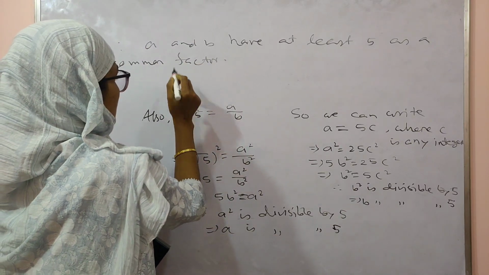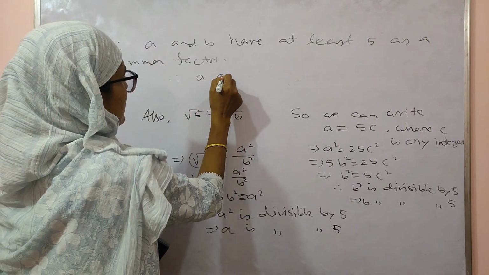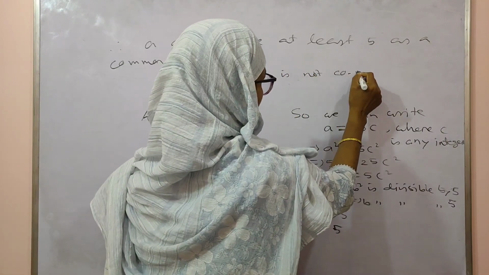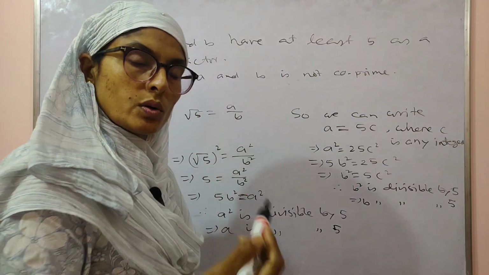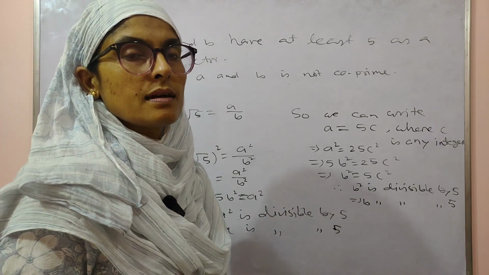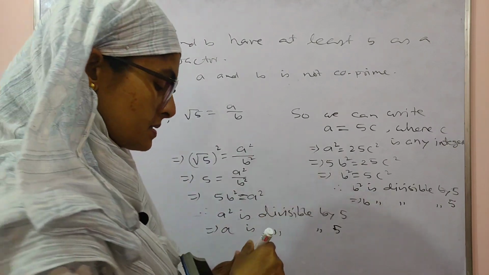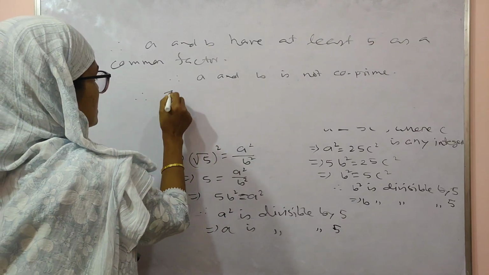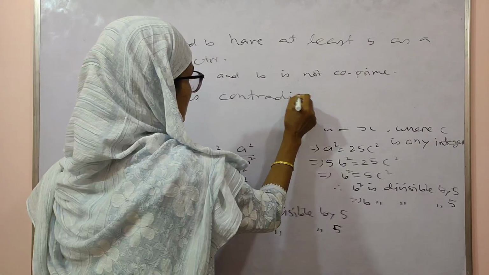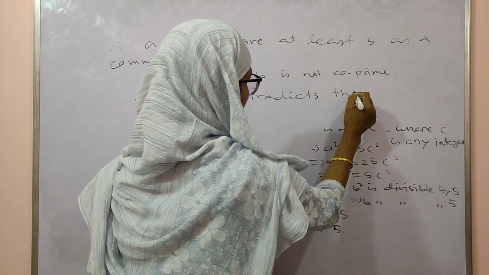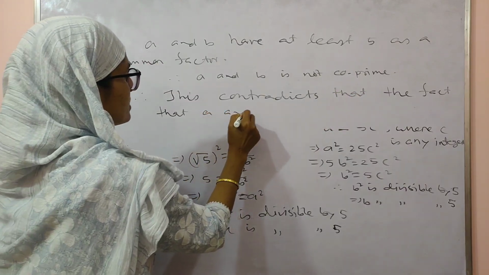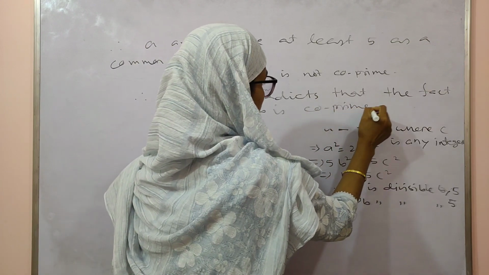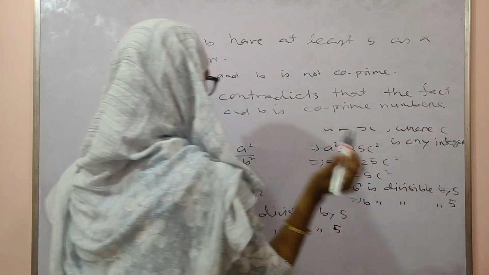Therefore a and b are not co-prime. But we took a and b both as co-prime numbers. Therefore, this contradicts the fact that a and b are co-prime numbers.